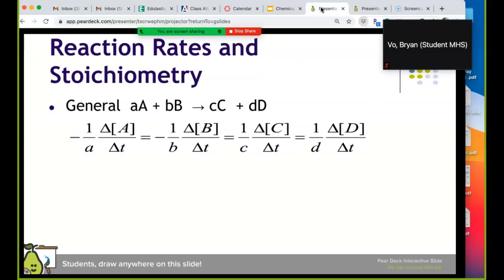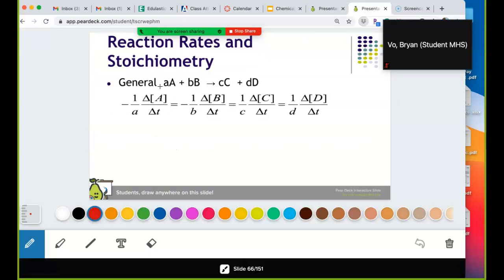So now when we're comparing the rate of a reaction and not just focusing on one substance, we will use stoichiometry. So you have a generic reaction A, B, C, and then the little numbers in front are our balanced coefficients. And then notice that we have these terms right here.